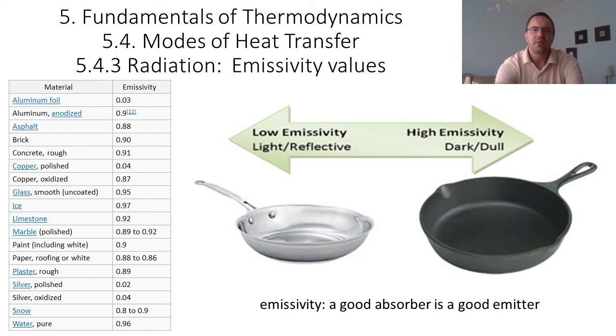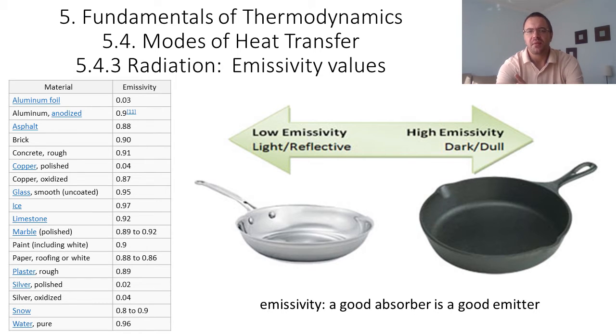Now here is a table with a few values of the emissivity. A dark surface has an emissivity that is typically close to 1, and a shiny surface has an emissivity that is typically close to 0. So for example, polished silver has an emissivity of 0.02, and this is quite counterintuitive, that shiny surfaces are not good emitters, right?